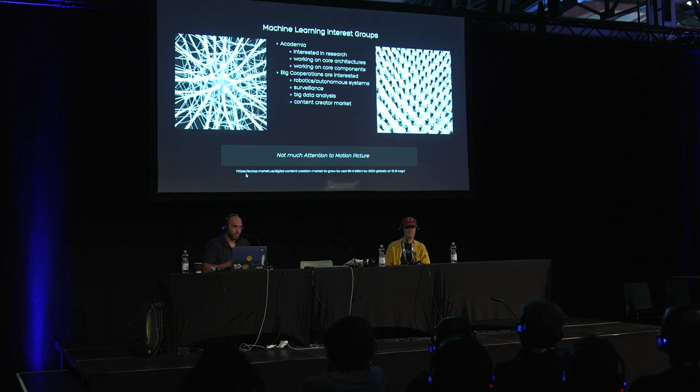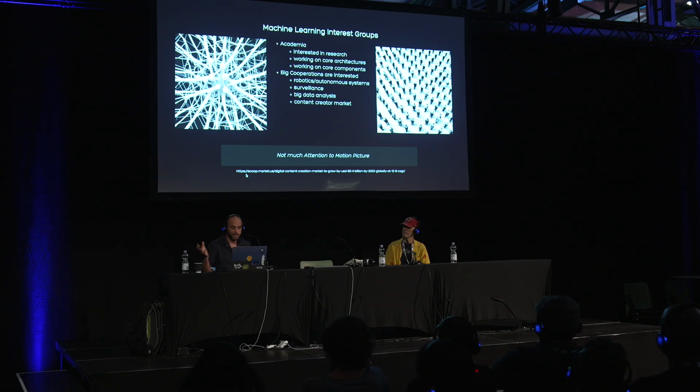Also, what we need to acknowledge or accept is that the feature film high-end motion picture is not in the interest group for machine learning. There are technologies, there's research going on, but the focus is not high-end, big movie, big screen cinema.